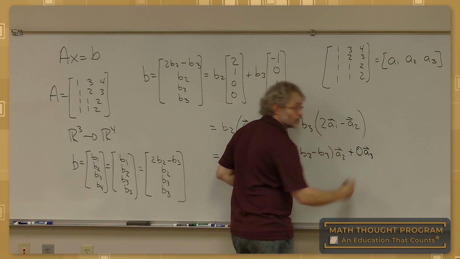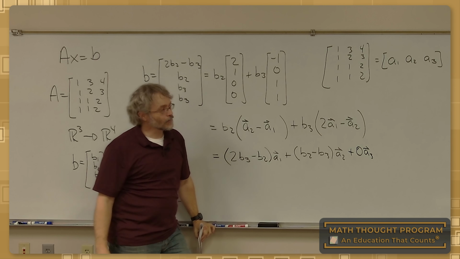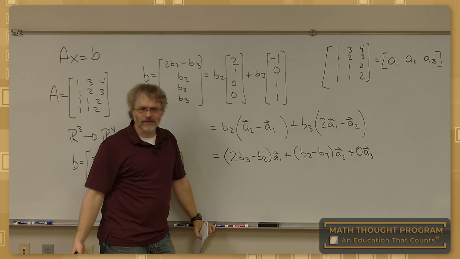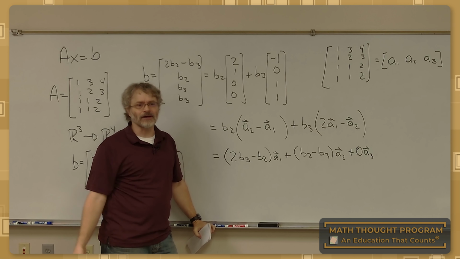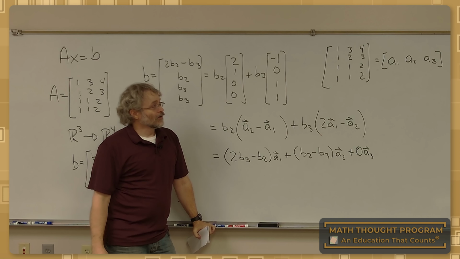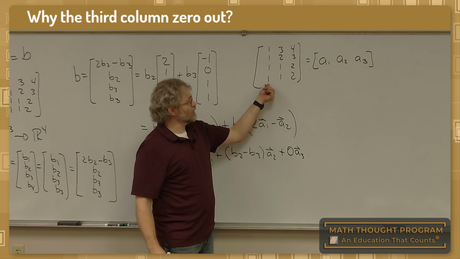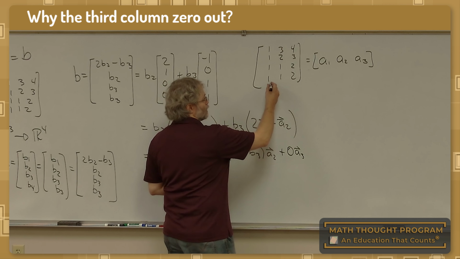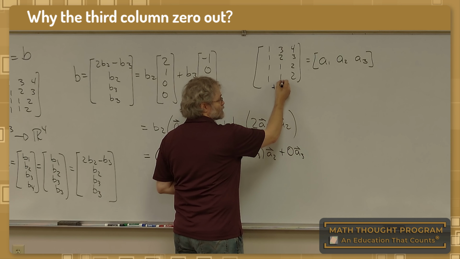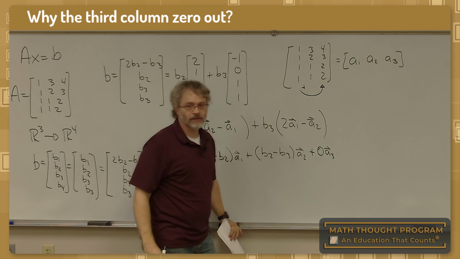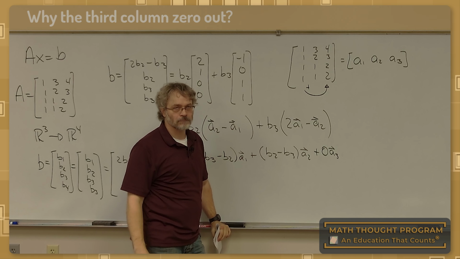I can zero it out. But why did the coefficient of vector A3 zero out? Well, look at the columns again. If you take this column and add it to this column, you get the third column.